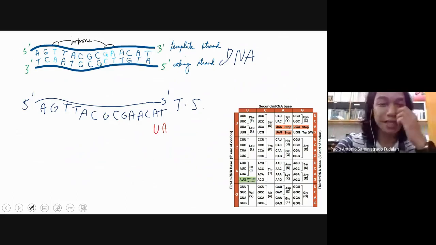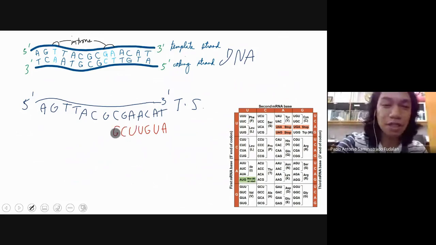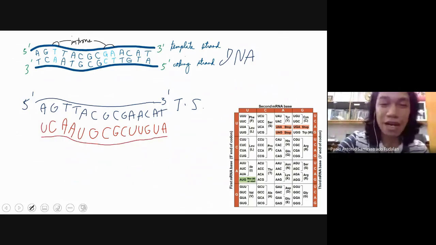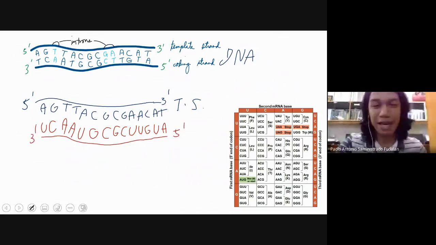And then C paired with G. And then G, this one is U, and then U, C, G, C, G, U, C, and then U. So in my mRNA, I have here starting from 5' and then 3'. Okay, that's now my mRNA.